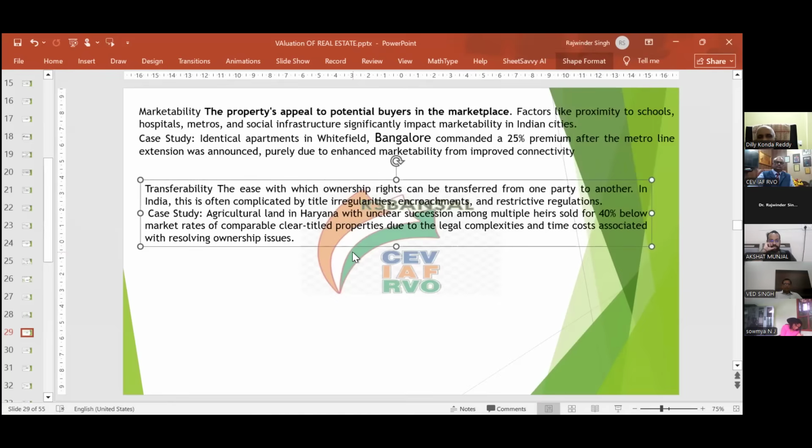Clear? These are the four elements of value, and we are considering it from the Indian context point of view. How these four elements constitute the value of an asset.